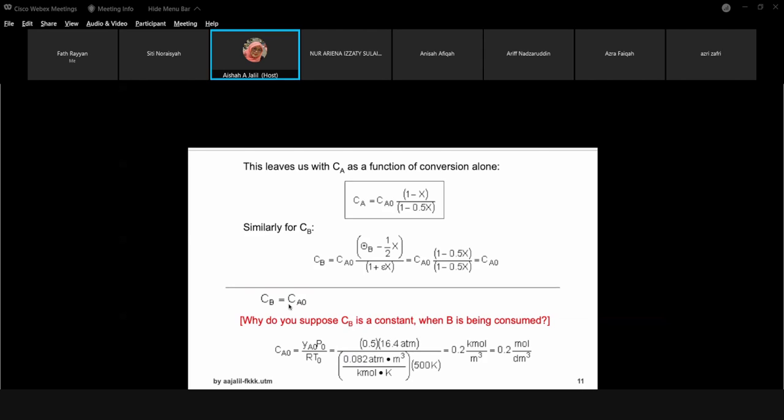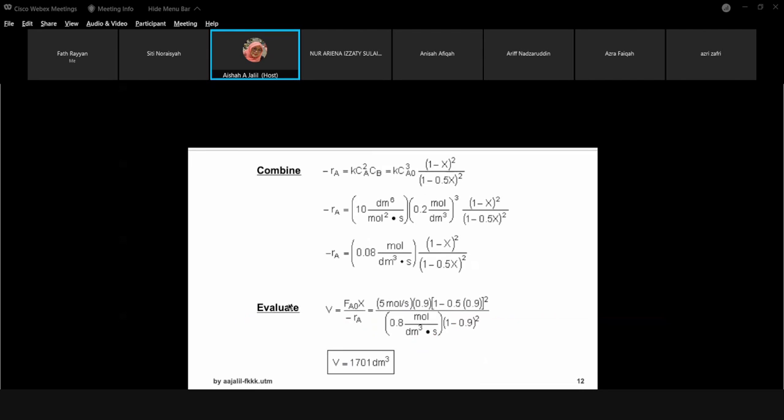So that's why. Okay, that's the example, how to calculate for the simple one. Then when you combine, you can get negative r_A in terms of X. Don't solve for r_A or give the value yet; put it in the equation first.